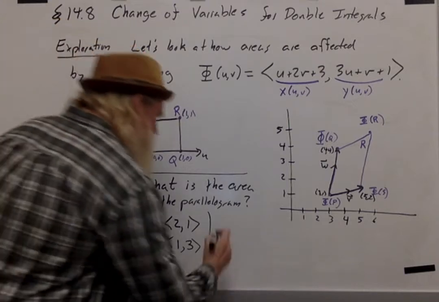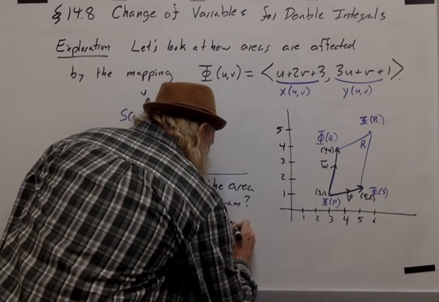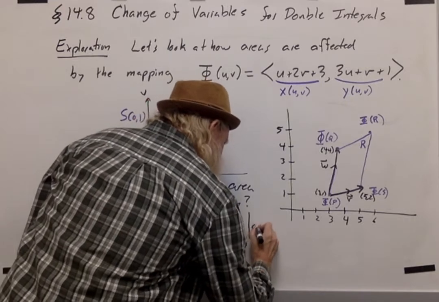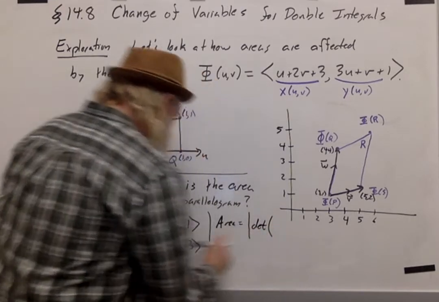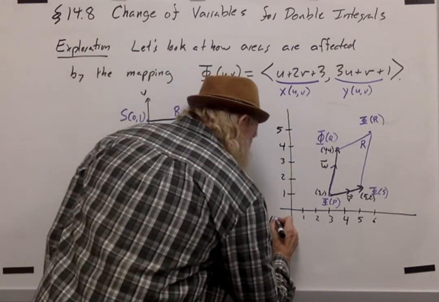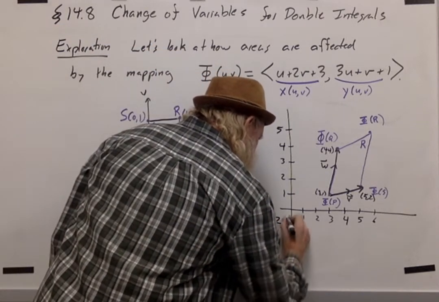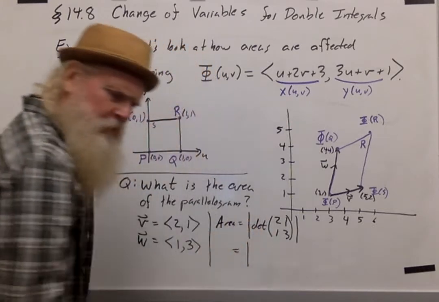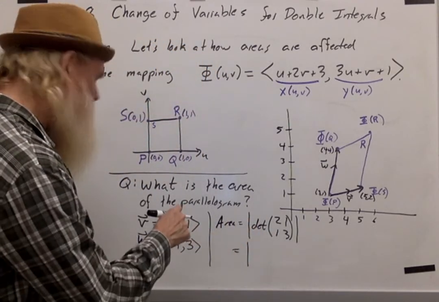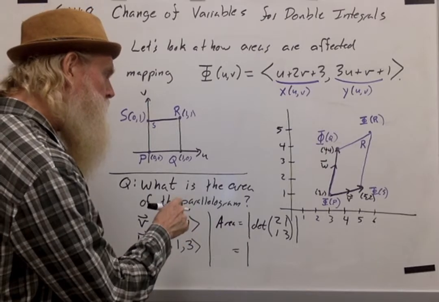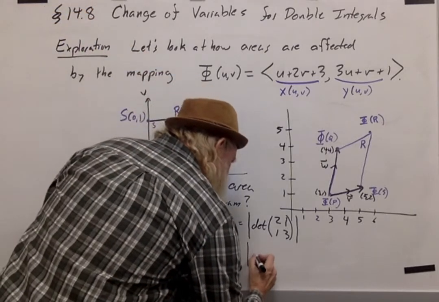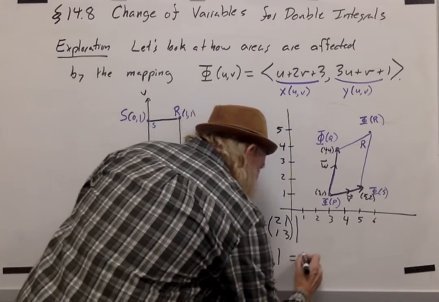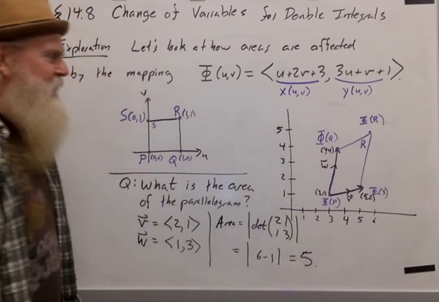So the area of that parallelogram is the absolute value of the determinant of 2, 1, 1, 3, which is the absolute value of 6 minus 1, or 5.